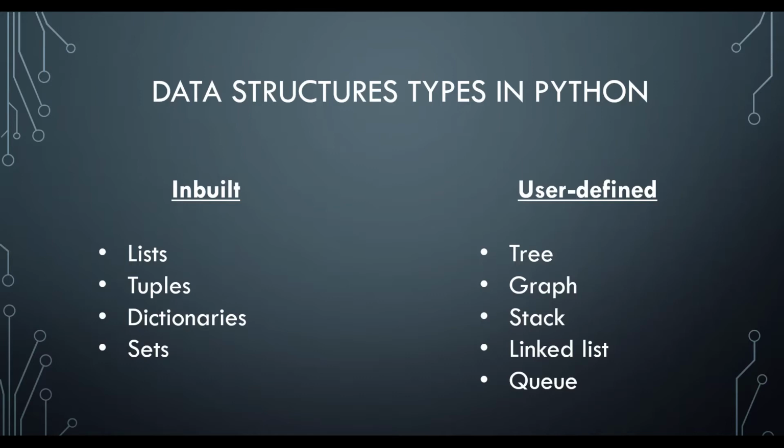For the inbuilt, we have lists, tuples, dictionaries, and sets. For user-defined data structures, we have tree, graph, stack, linked list, and queue.